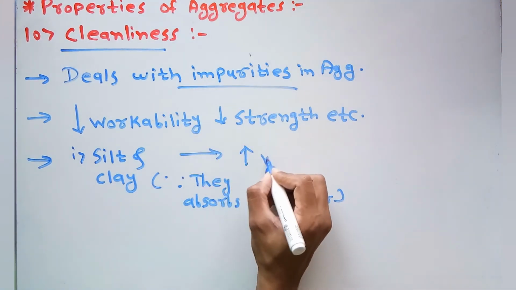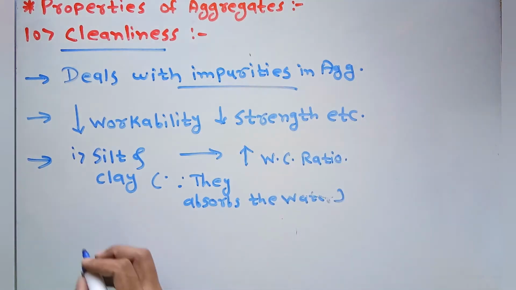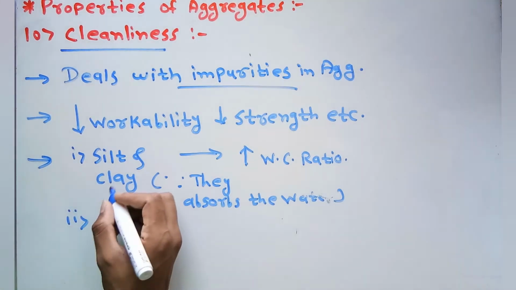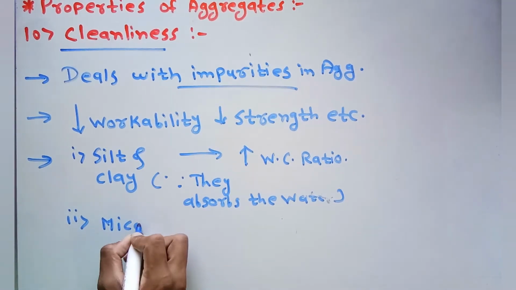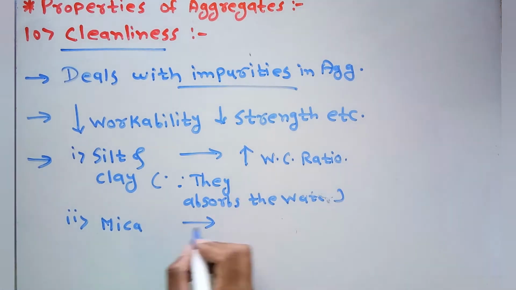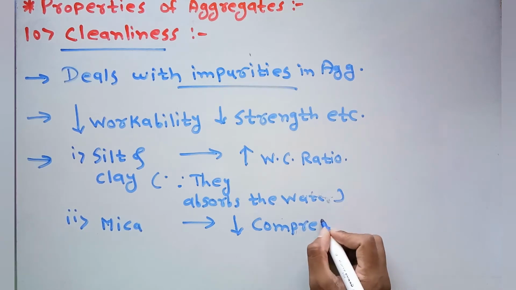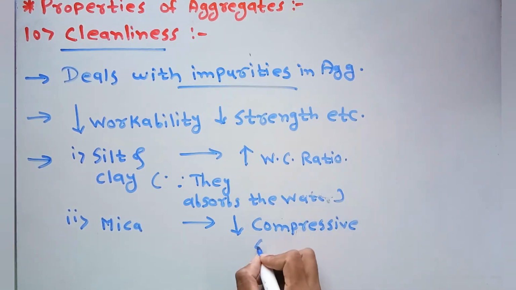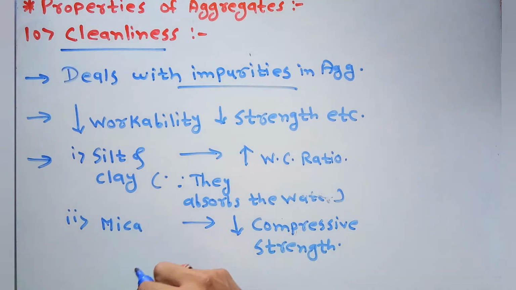The second impurity, which is finer than silt and clay and is in mineral form, is mica. If mica is present in the aggregates, it reduces the compressive strength. This is one of the basic properties that we evaluate while dealing with the aggregates. So this is about cleanliness.